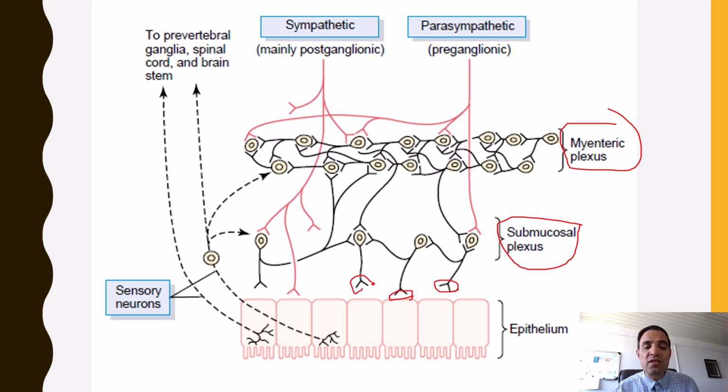These receptors will sense and receive the information and send back signals to the GI system. These receptors receive the information and send it to the submucosal plexus or myenteric plexus.